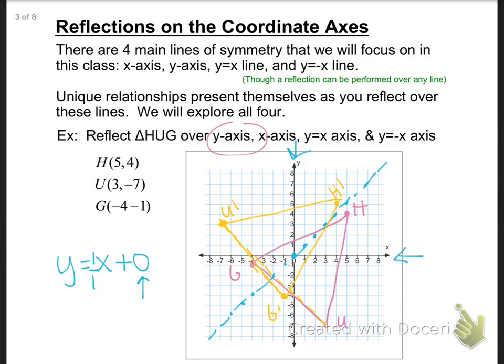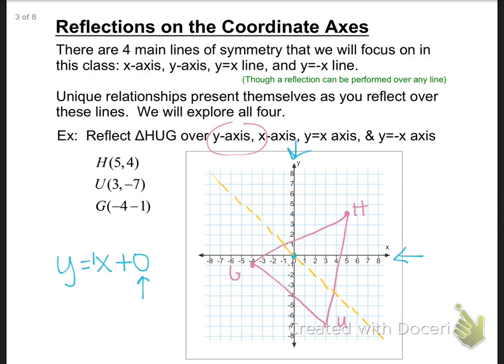Okay, we could also mirror off y equals negative x, which is the same thing, but with a negative slope. So now I'm going to go do that. Okay, so I'm going to mirror off this line, y equals negative x.